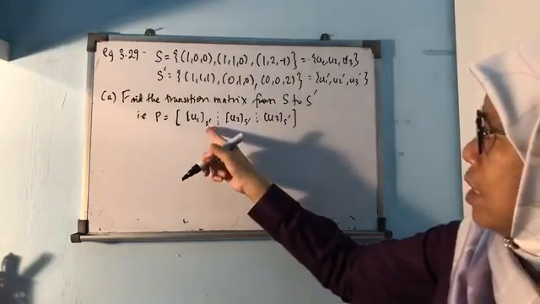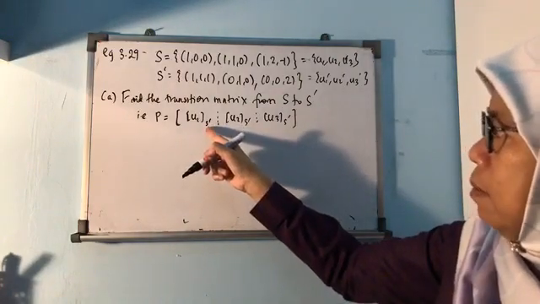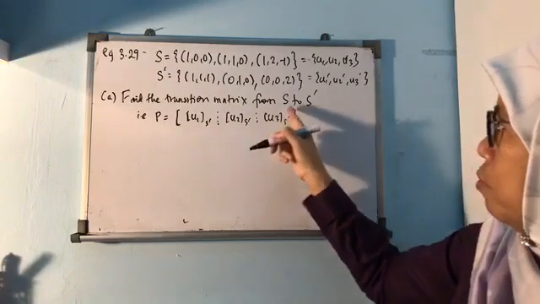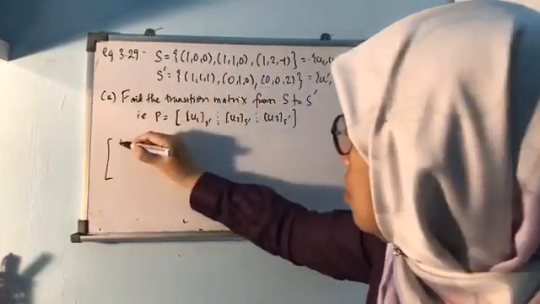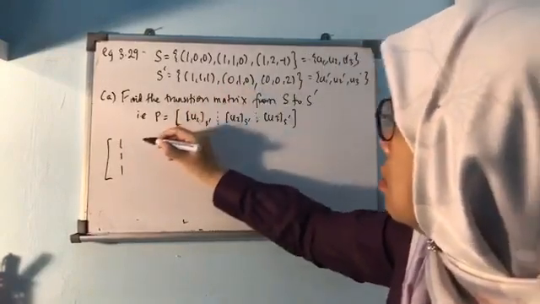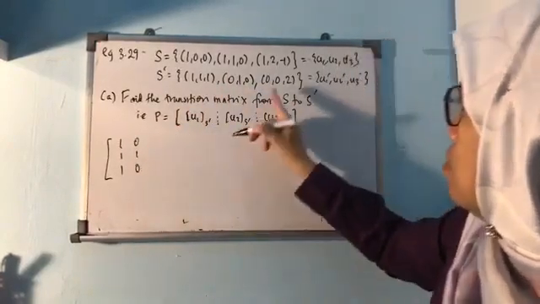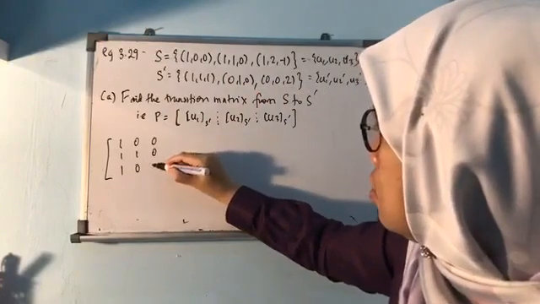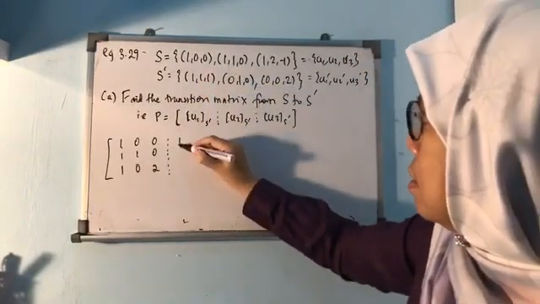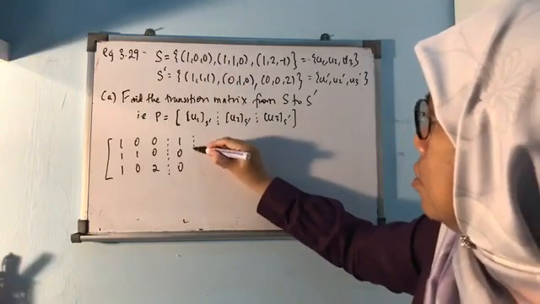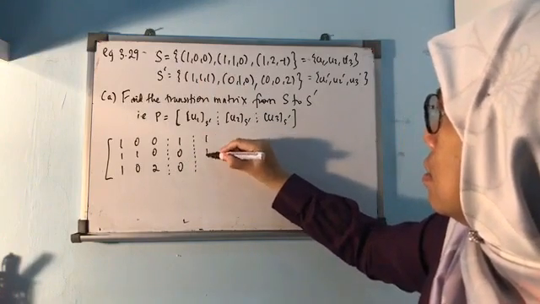Since you have to write it according to S prime, you put S prime first: 1 1 1, 0 1 0, 0 0 2.